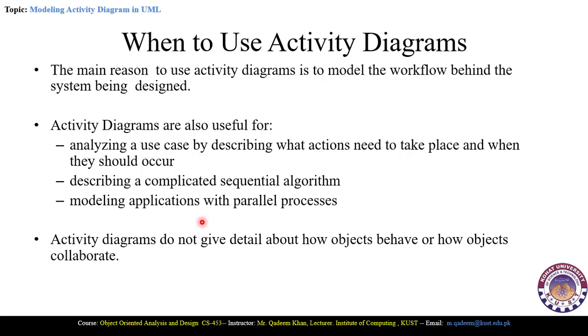An activity diagram is also used to model applications with parallel processes. Sometimes we call it parallel programming, also called concurrent programming, where different actions are executed in a concurrent fashion. Parallel programming saves time and resources and also speeds up processing. So that's why it is very important to represent certain problems of the system through parallel programming.